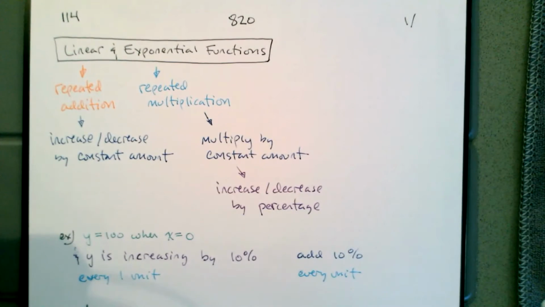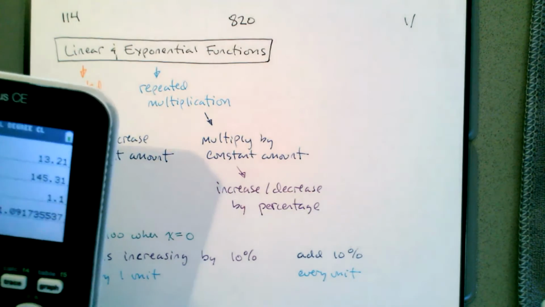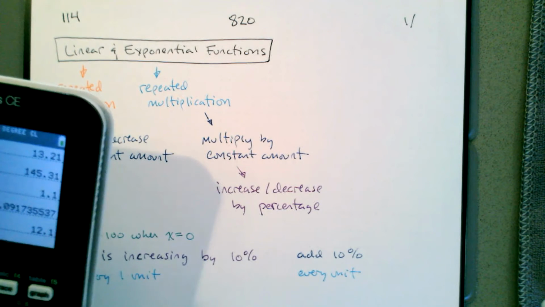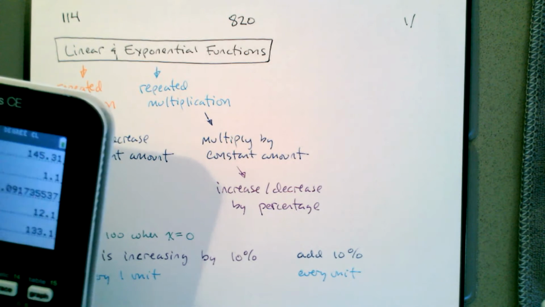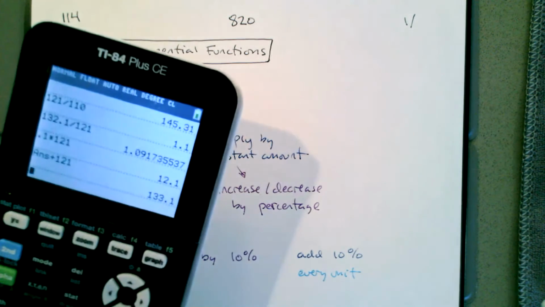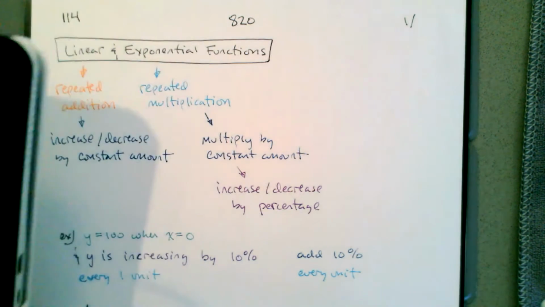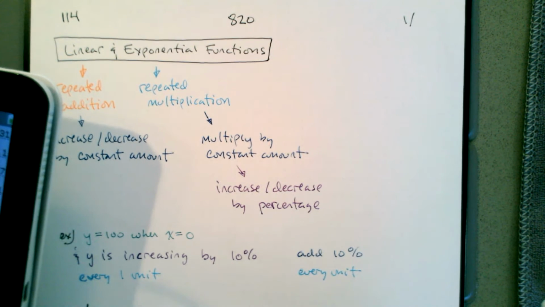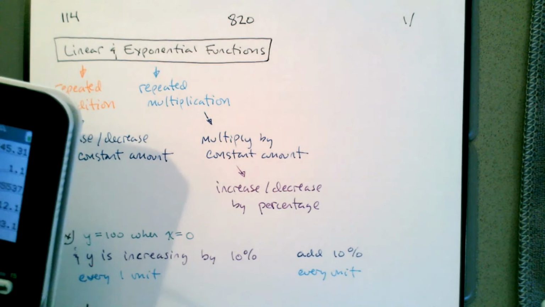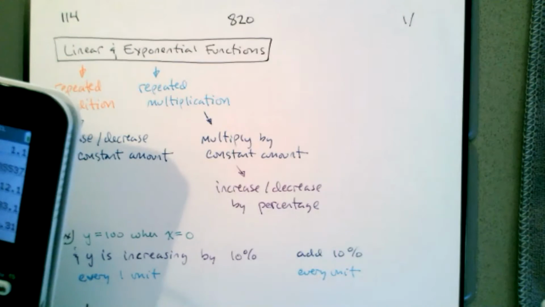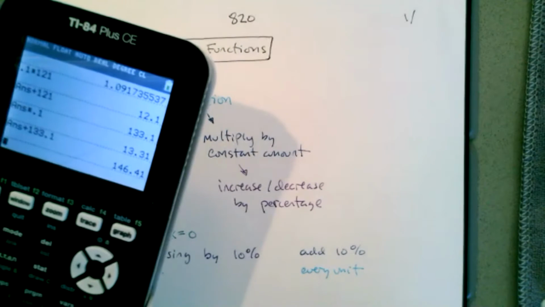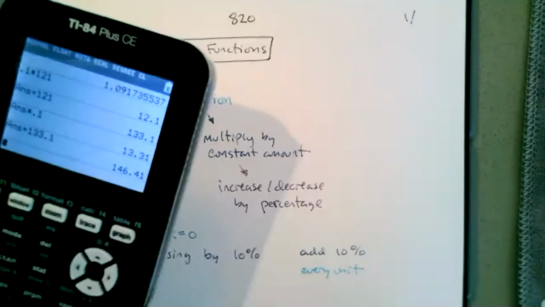I'm glad these kinds of mistakes get recorded. 10% of 121 is 12.1 plus 121 is 133.1. And the next one should actually be 146.41, not 145.31.